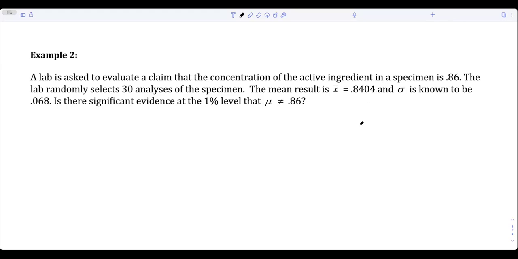It says the lab is asked to evaluate a claim that the concentration of the active ingredient in a specimen is 0.86. They randomly select 30 analyses of the specimen. We've got an x bar, we've got a sigma, and it says, is there significant evidence at the 1% level that mu is not equal to 0.86? So let's define mu.